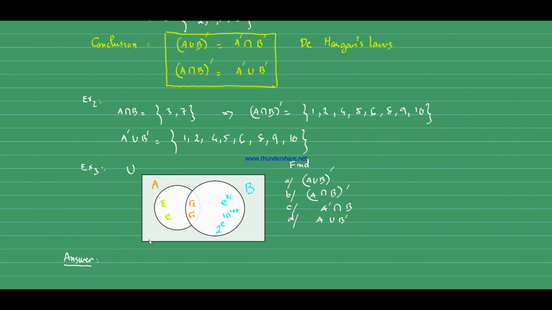Oh, sorry. I think in the universal set they have another piece of information. So in the universal set over here, I have pi, e.